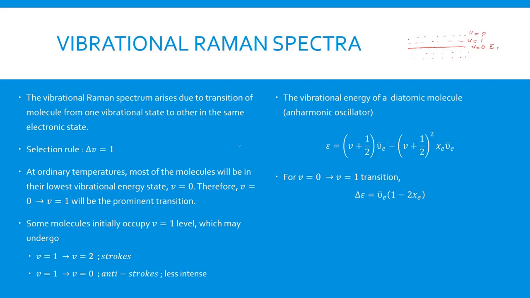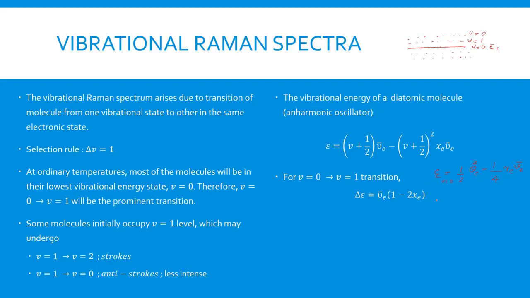So for V equal to 0, the energy E will be half ν̄e minus 1 by 4 xe ν̄e.